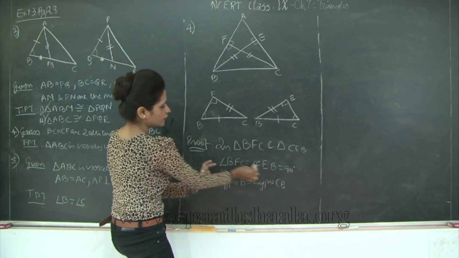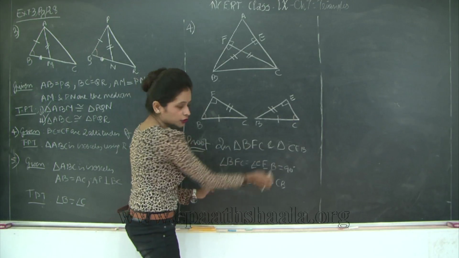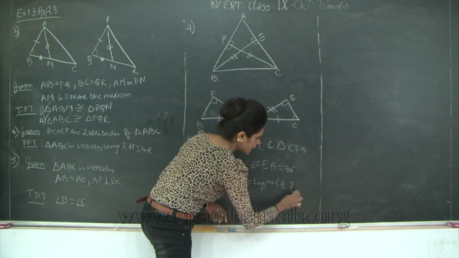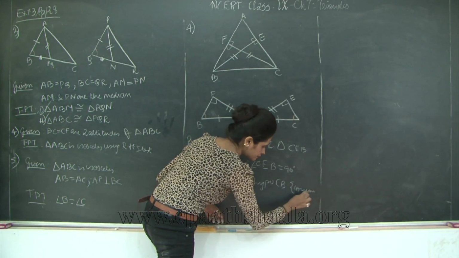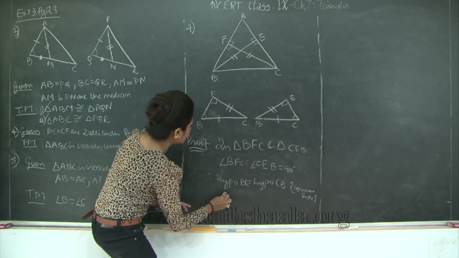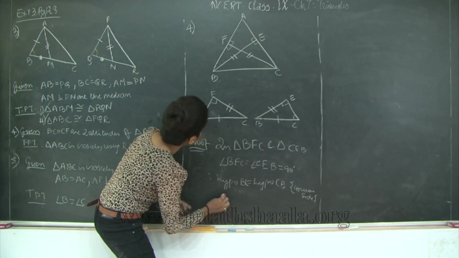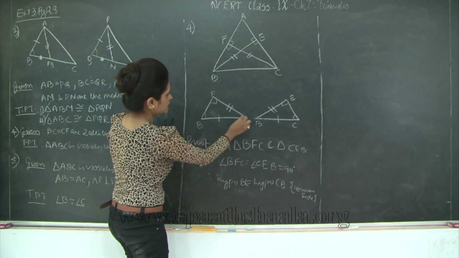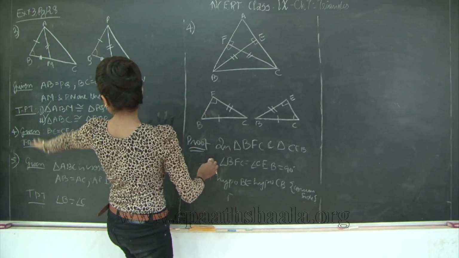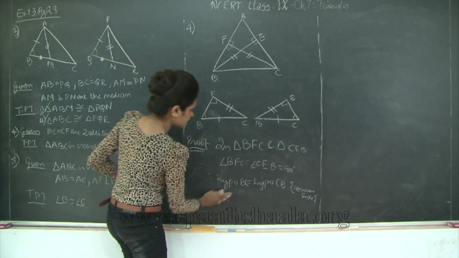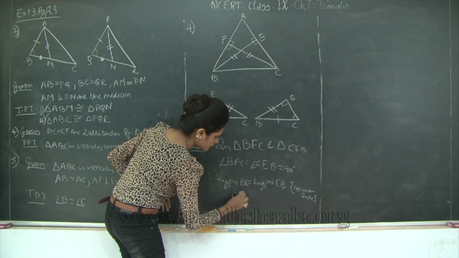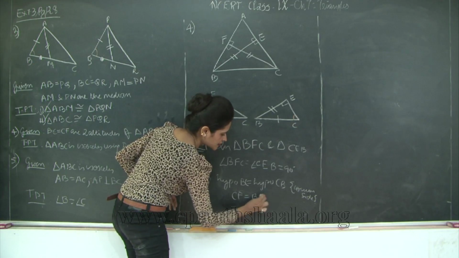See, I am taking BC over here, B corresponds to C and C corresponds to B. Therefore, hypotenuse BC is equal to hypotenuse CB, I will say common side, correct. Also, I have BE equal to CF. So, CF is equal to BE, which is given.